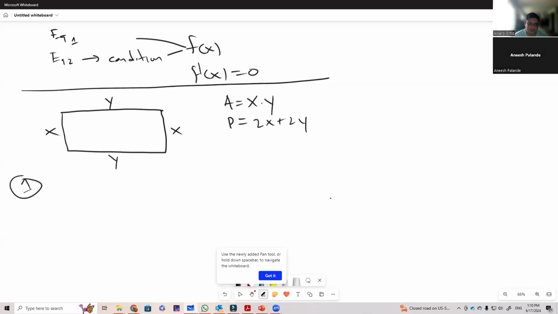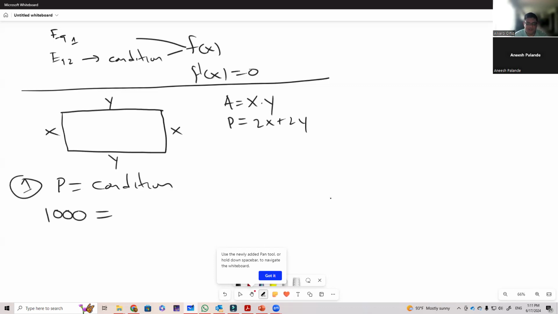So first, let's make the perimeter the condition. Say we're building this pen and we have 1,000 meters of wire to build it out.